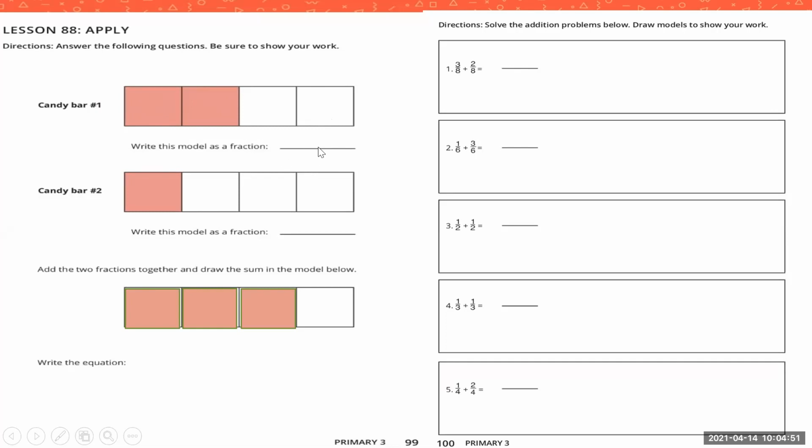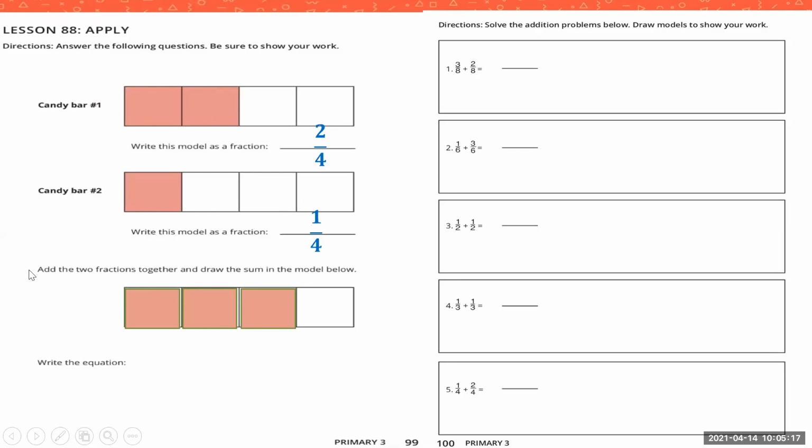The colored parts are what? 2. So we will put 2 here as numerator and the total parts 4. So this fraction will be 2 over 4. The next one, we have here colored part 1 and the total parts 4. So I will write 1 over 4 or 1/4.